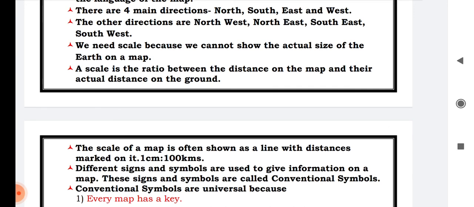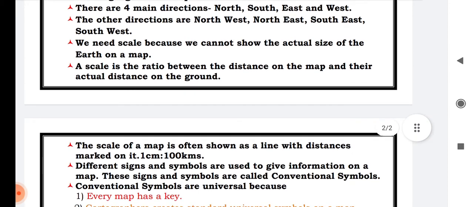Northeast lies between north and east. Southeast lies between south and east. Similarly, southwest lies between south and west. So we have 4 main directions and 4 sub-directions.